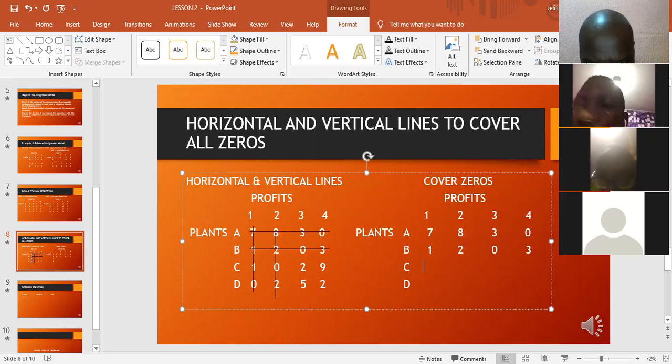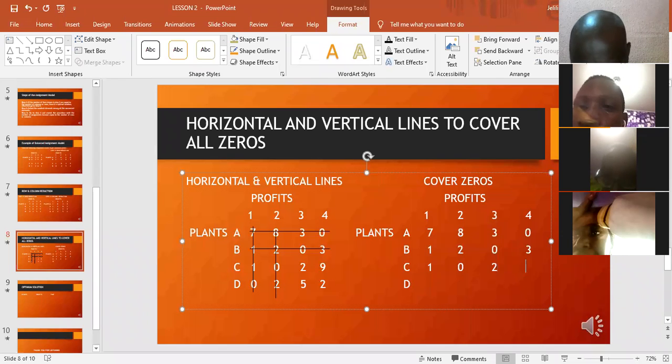Then the third row, we have 1, 0, 2, then 9. Then the fourth row, we have 0, 2, 5, and 2.